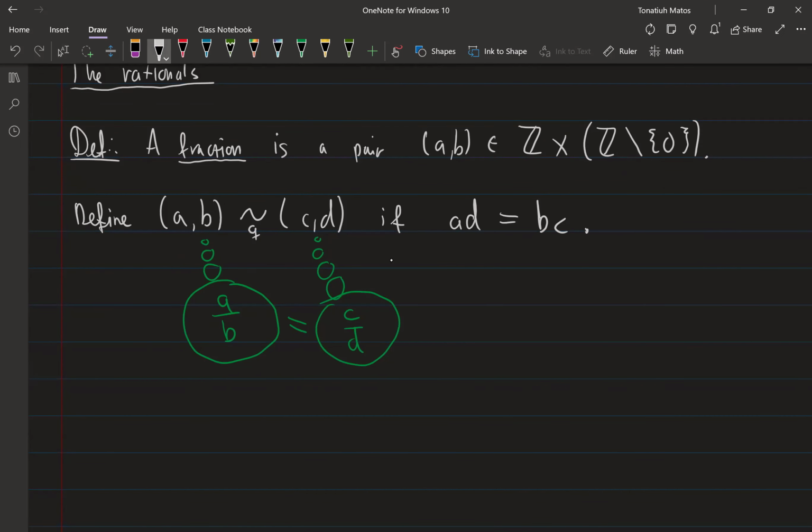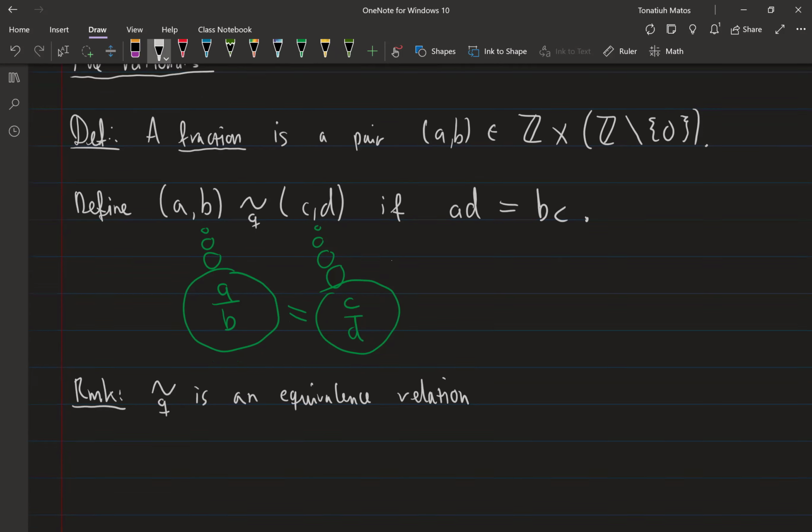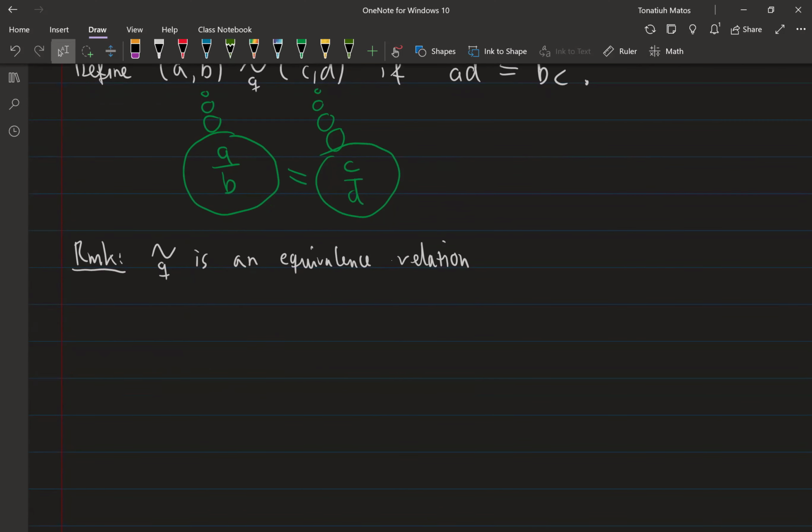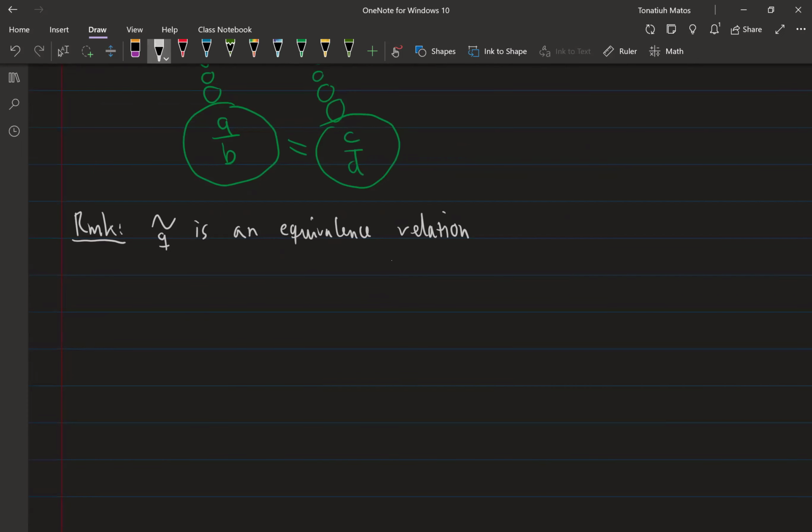So this is perfectly well defined. And the remark, which by now is a routine argument, I won't even write this as an exercise, is that this is an equivalence relation, as you might expect, and it's an equivalence relation that is partitioning this weird product of the integers cross the non-zero integers, right?